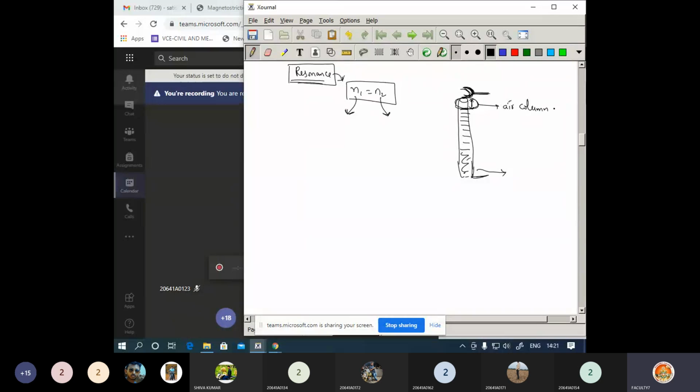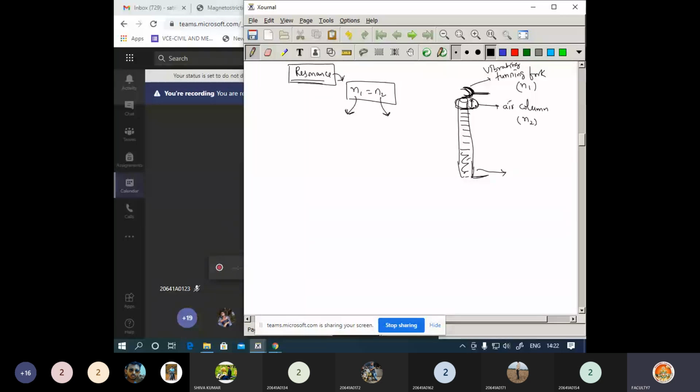This tuning fork is vibrating with a frequency of N1. The air column is also going to vibrate, and that frequency will be N2.